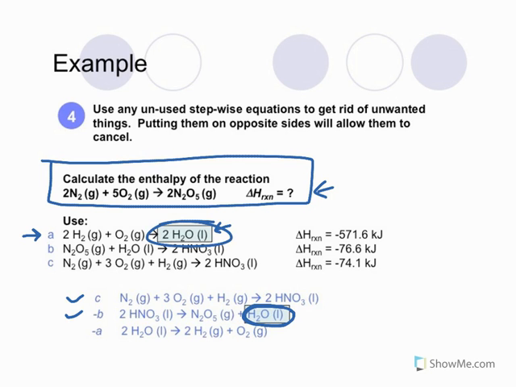So if we can get this over on the reactant side, we will be able to cancel out the water as a product, and it will be bye-bye unwanted thing. Alright, so what we do is we flip it, and we show that by writing the negative A, and rewrite the equation so that water is a reactant, and that reaction is going to be as listed here instead.